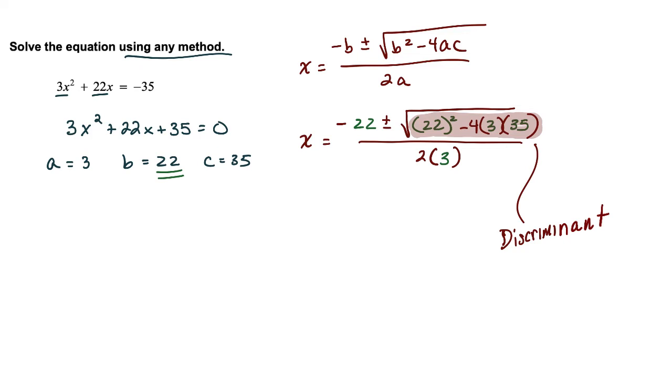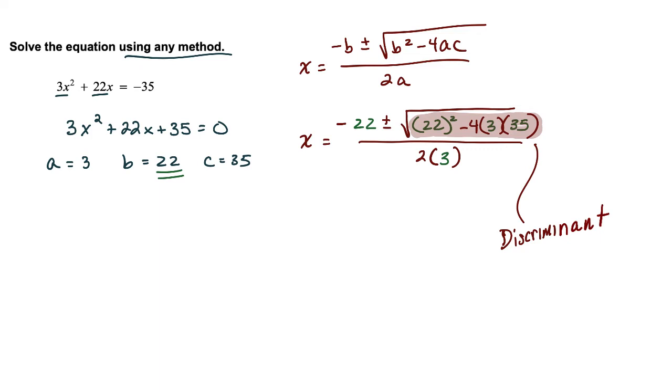And when you have a quadratic formula, a good idea is to just grab your calculator, type in exactly what that discriminant is. So, can't see my calculator, but I put parentheses 22 and parentheses squared, and I just hit minus 4 times 3 times 35. And I go enter.